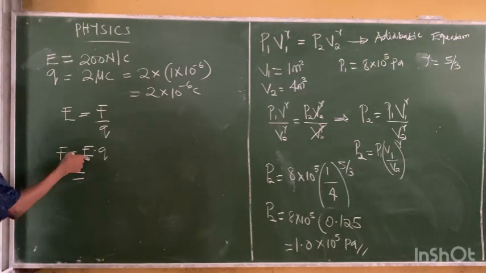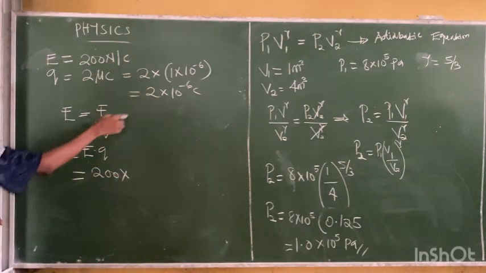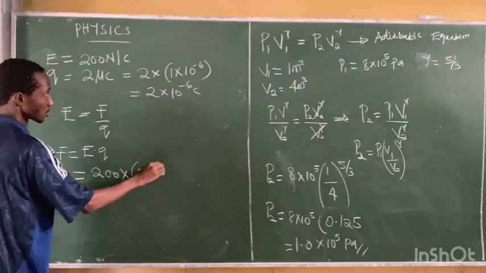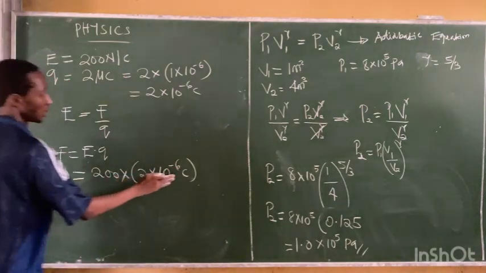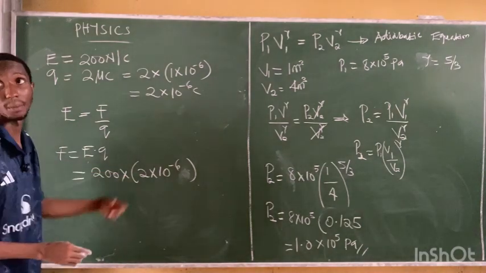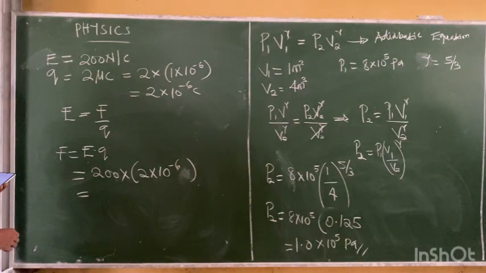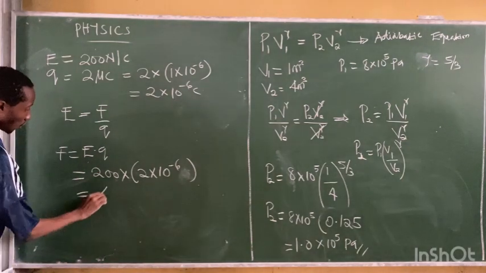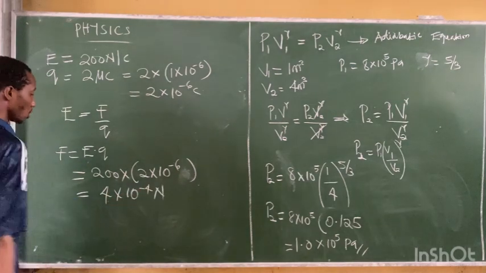This will give us E is what? 200 times our Q, which is 2 times 10 raised to the power minus 6 coulombs. Let's remove the units. 200 times 2 times 10 raised to the power minus 6 will give us 4 times 10 raised to the power minus 4 newtons.